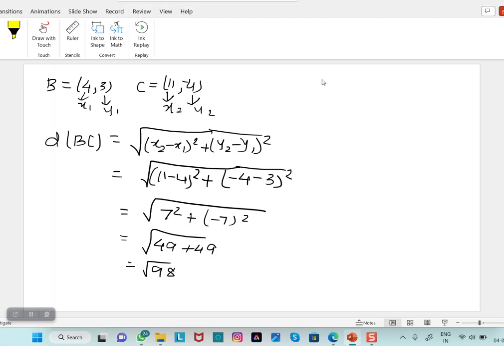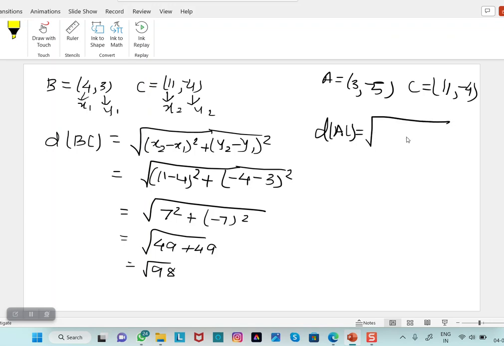Similarly, now we have to find AC. A is given to us as (3, -5), as in the previous problem, and C is given as (11, -4). We again use the distance formula, root of (x2 minus x1) the whole square plus (y2 minus y1) the whole square.